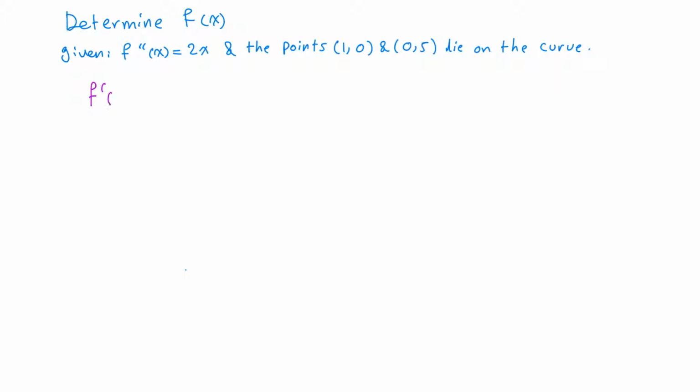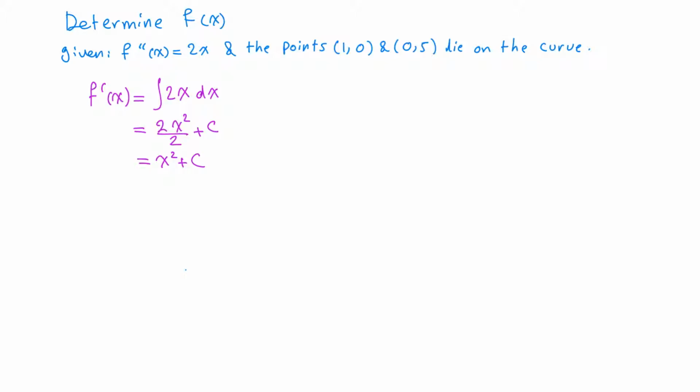So f prime of x is equal to the integral of 2x with respect to x, and that just becomes 2x squared over 2 plus some constant value. To simplify that, I get x squared plus c, and that function is my derivative.